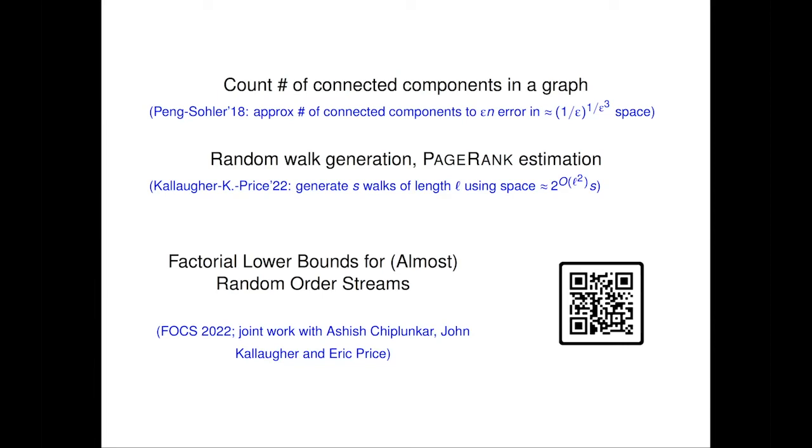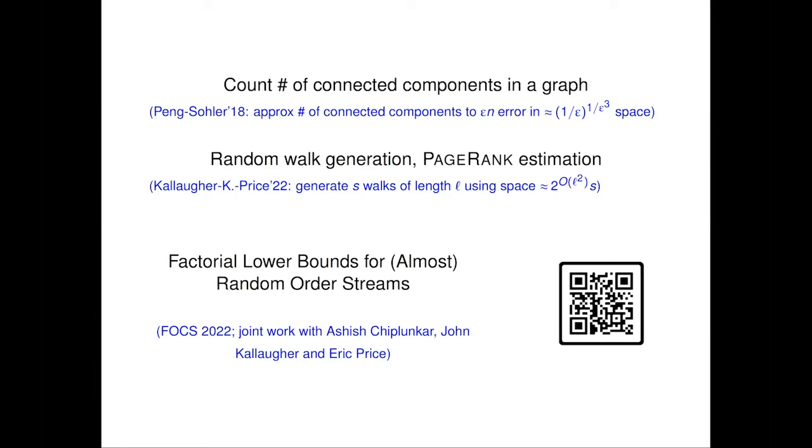Now, another related result here is our recent result with Callagher and Price on generating random walks in randomly ordered streams. The question is this: we're given a randomly ordered stream of edges of a graph G, and we want to generate S random walks of length L, started at uniformly random vertices in the graph. And of course, one can allow for some total variation distance error.